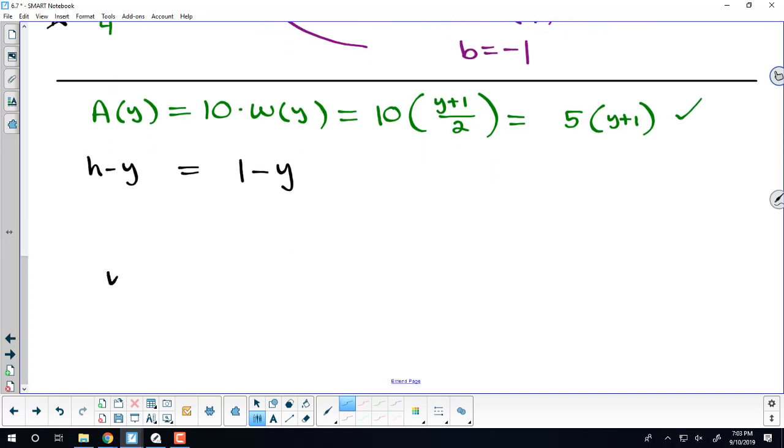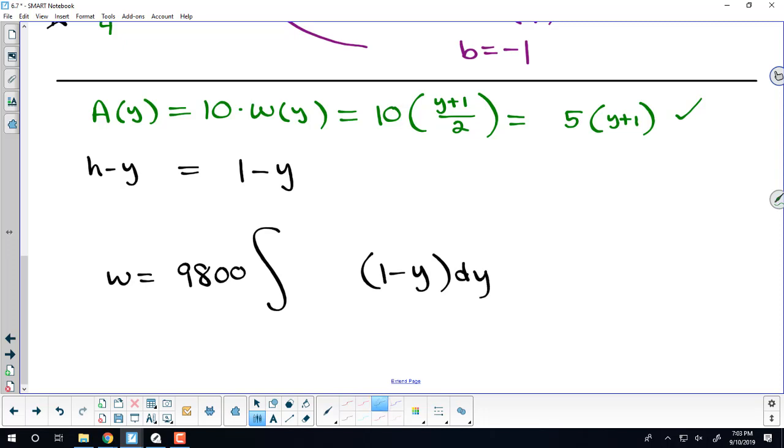So then we have our work. Mass times density of water is 1,000, h minus y, and our area function.